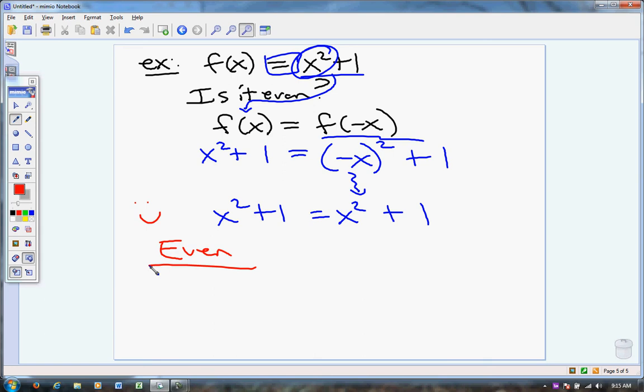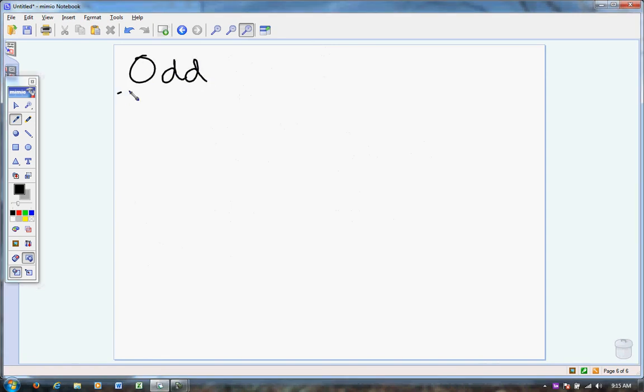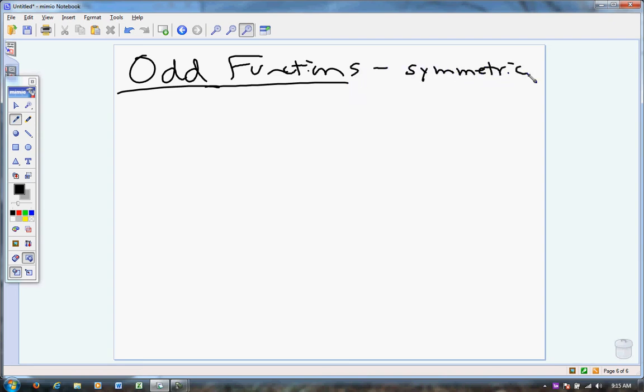Now, let's talk about odd functions. Okay, odd functions. Odd functions are symmetric with respect to the origin.